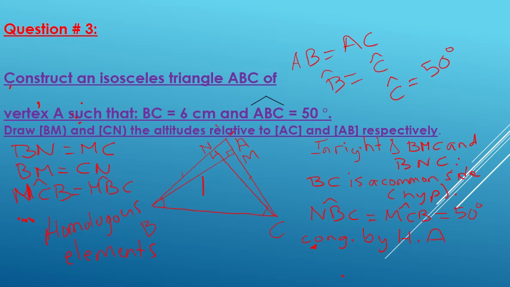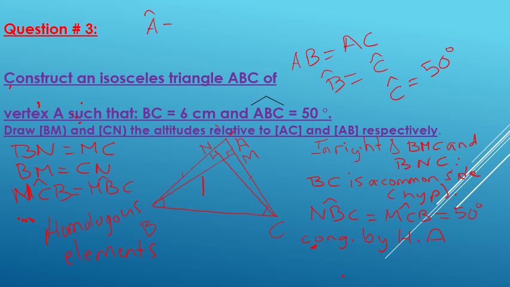Now in triangle ABC, angle B is 50 degrees, angle C is 50 degrees. How can we calculate angle A, Muhammad? 180 minus 50 plus 50.